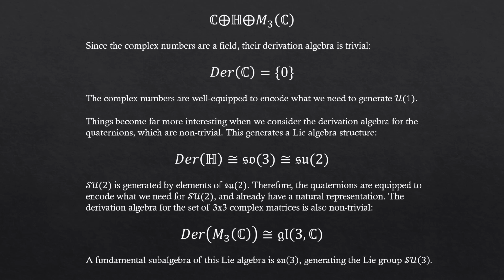A fundamental subalgebra of this Lie algebra is su3, generating the Lie group SU3. So there you go. That's how this really relates to these different groups that arise from standard model physics, because these algebras are the generators of those groups at the tangent space at identity of the associated manifold.